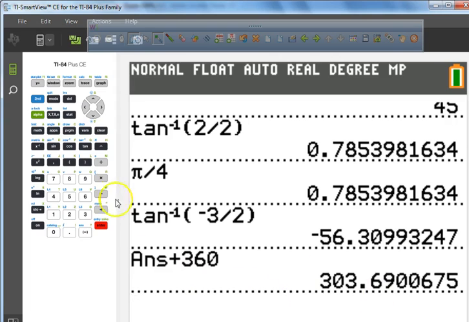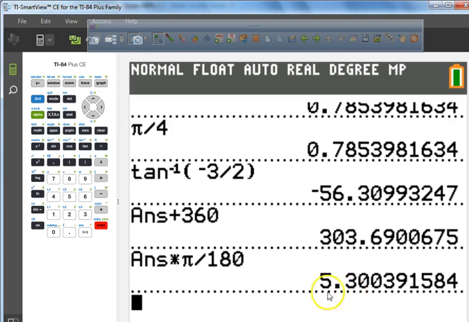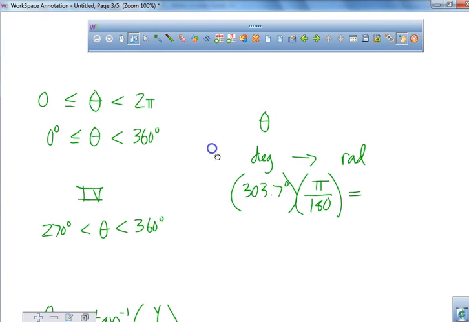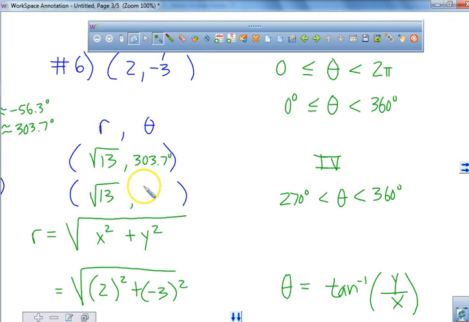So I'm going to take this answer and multiply it by pi divided by 180, and that will give me my approximate value for radians. What is my approximate value for radians? 5.3.